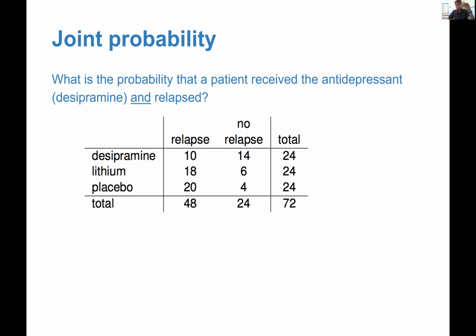What is the probability that they got both of them, got that drug and relapsed? And that's the people who got the drug and relapsed, 10 people, divided by the total, 72. So that's about 14%.